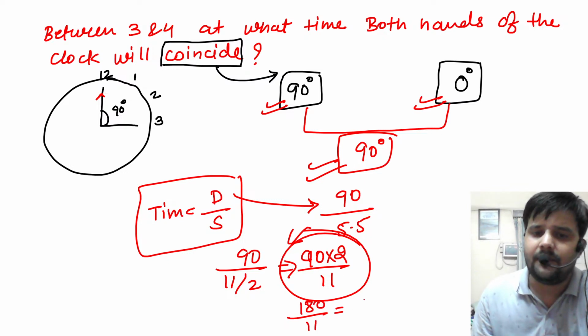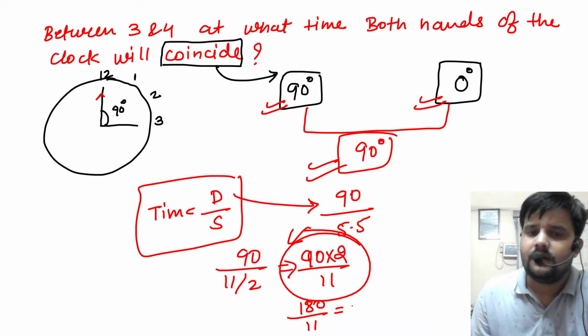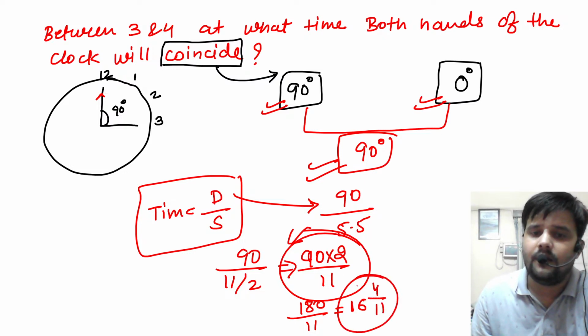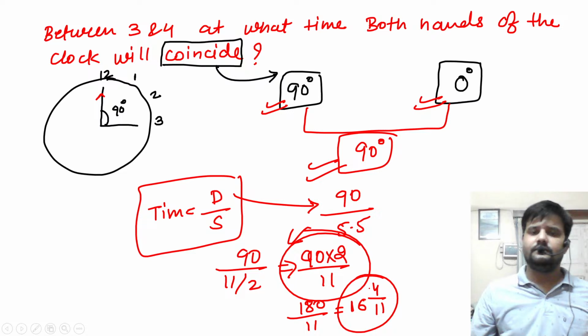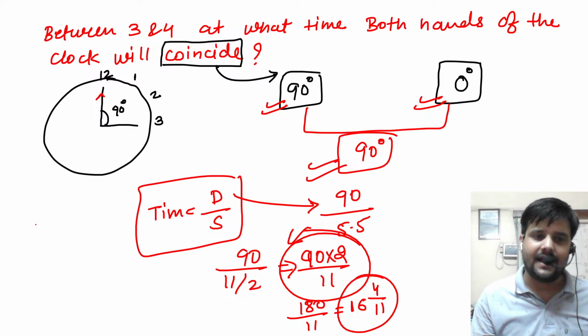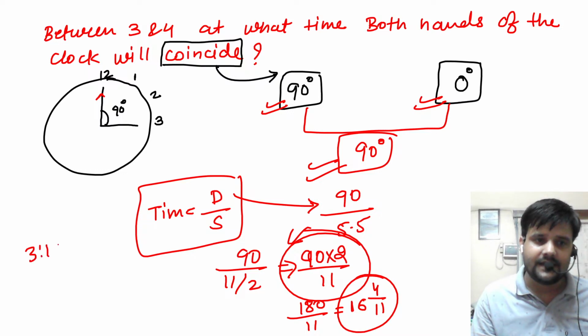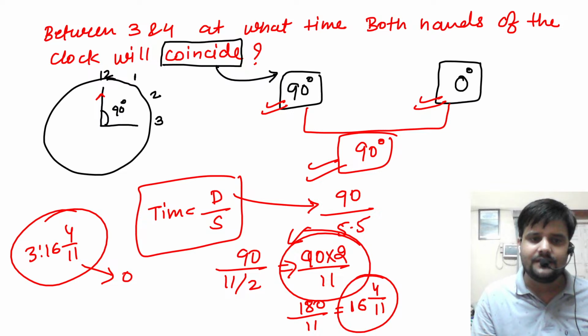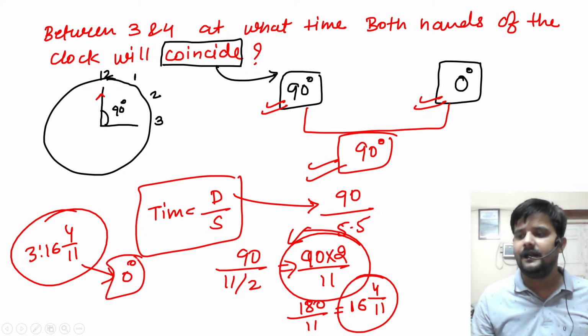You can write it as a mixed fraction, which is 16 4 by 11. So it means that at 3:16 and 4 by 11 minutes, they will be at 0 degrees.